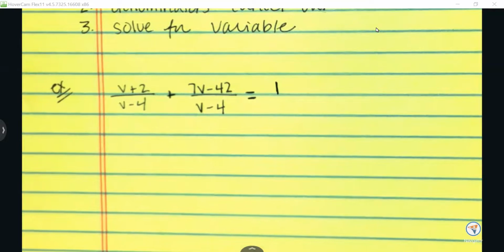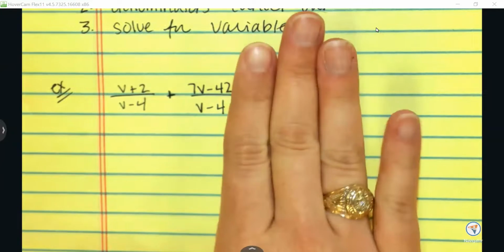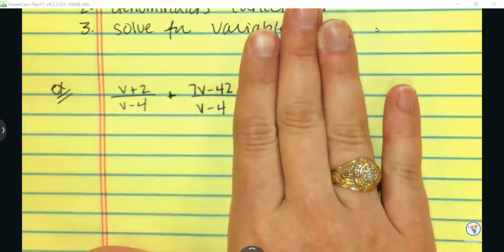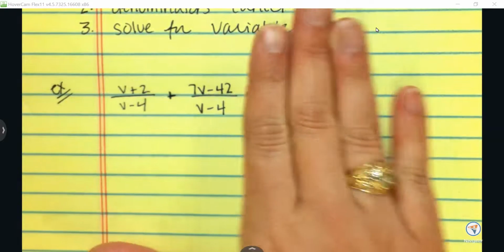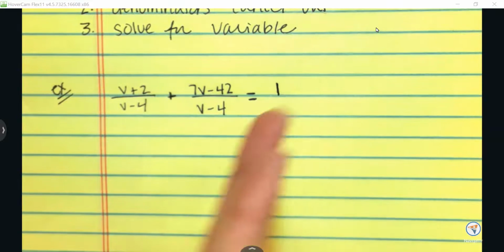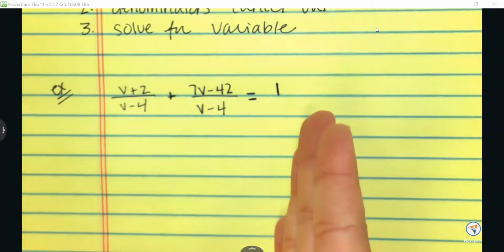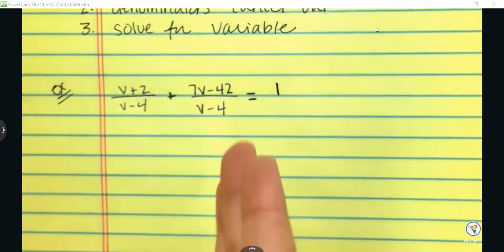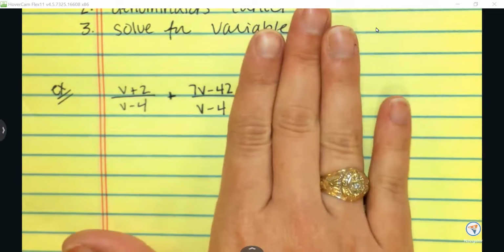What do I notice I have so far? Actually, let's back up. What we did last week was just adding or subtracting, okay? Now we are adding in a third term. So now I have to have a common denominator between all 3 terms, not just 2 of them.